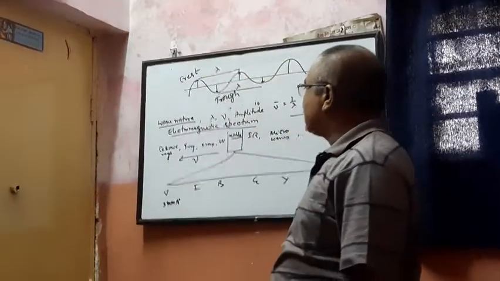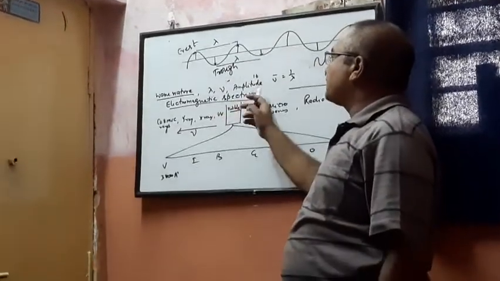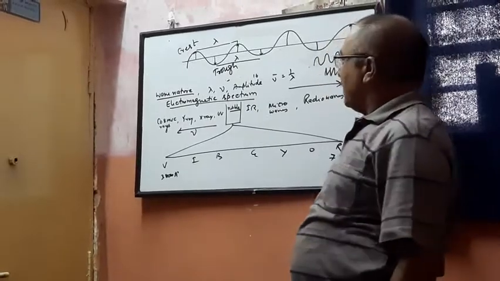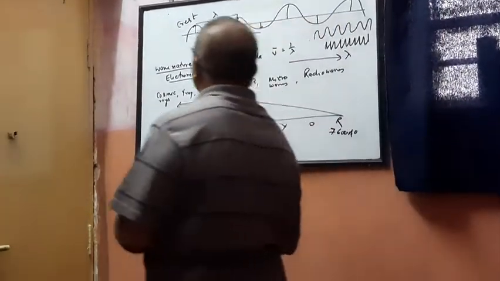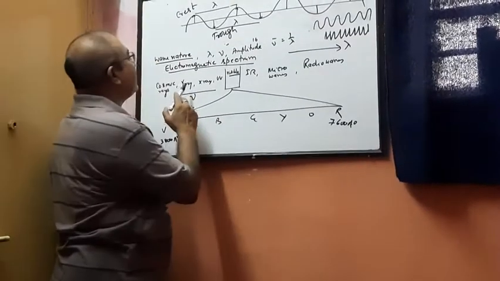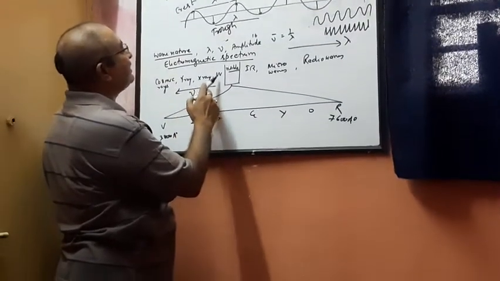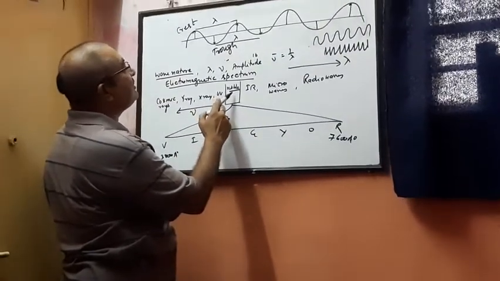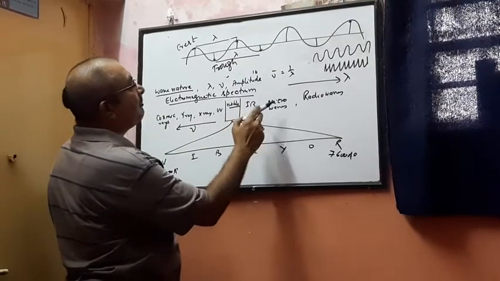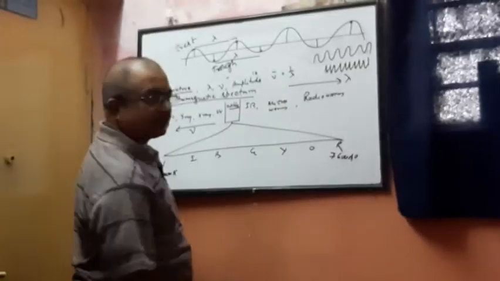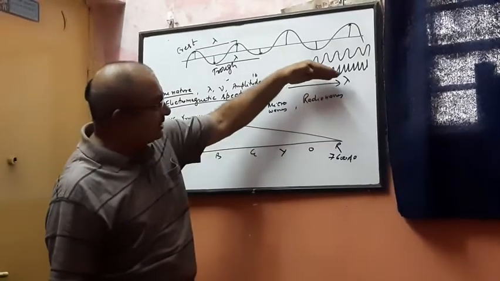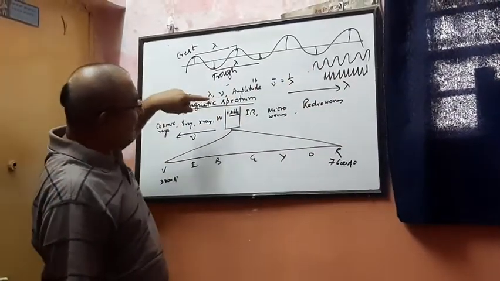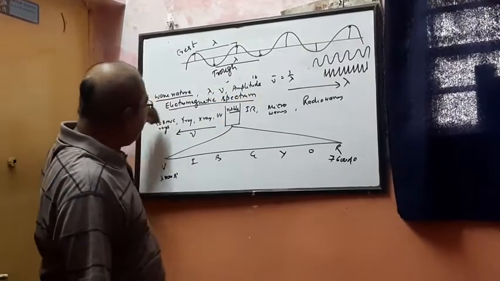Now we discuss the electromagnetic spectrum. We start from here: cosmic rays, then gamma rays, X-rays, ultraviolet rays, visible rays, infrared, microwaves, radio waves. You see the arrow I have given, and just after the arrow I have given lambda. Wavelength is increasing from left to right.